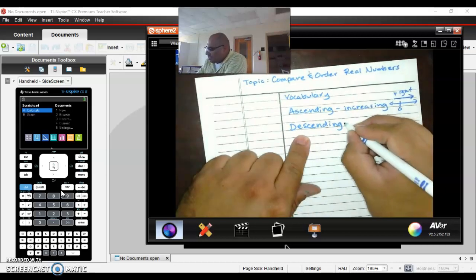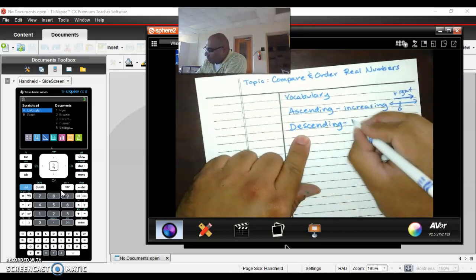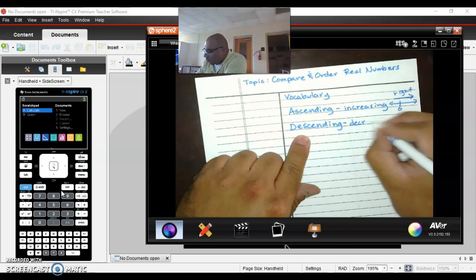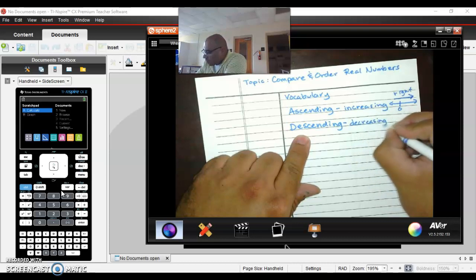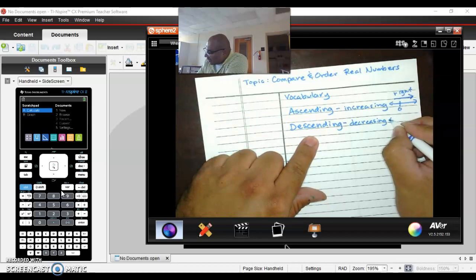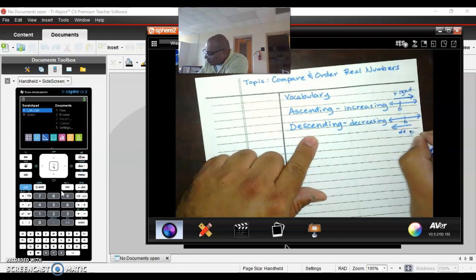If we're talking about descending, we are decreasing or going down. And on a number line, we're going to the left when we decrease.